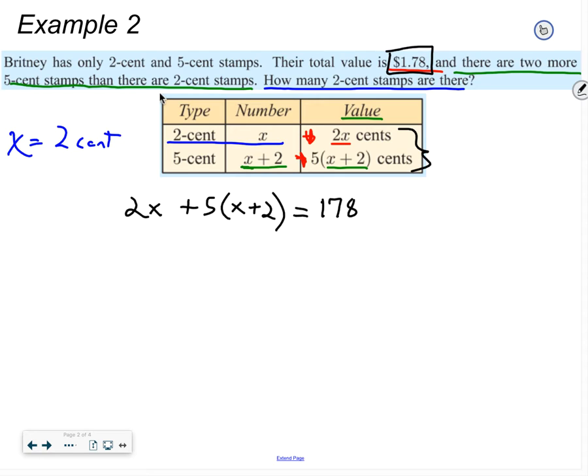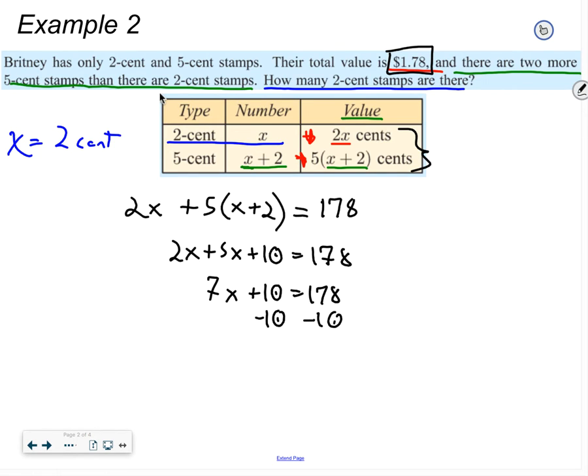Okay, so as I'm doing this, now I'm going to solve my equation. So distribute, collect like terms, isolate my x, so subtract 10 from both sides, and I get 7x is equal to 168.